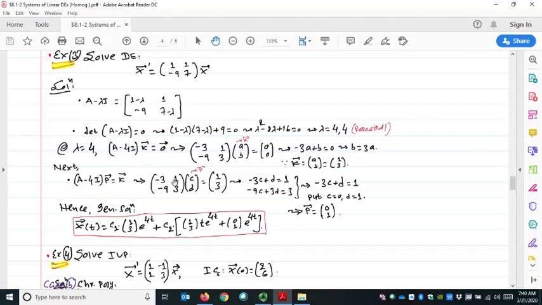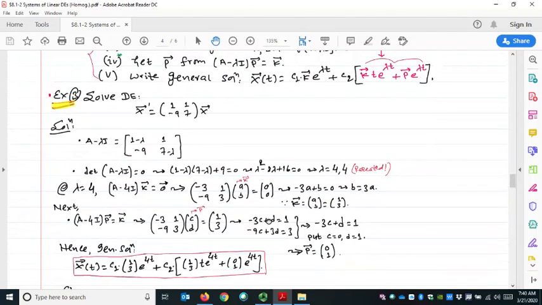Multiply these two matrices as before. This gives us these two equations, which is the same as this equation, the single equation. So assume c is 0, d is 1. So now we found a vector p whose components are 0 and 1. Now we are ready to write down the general solution. Let me scroll up. Here is the general solution form.